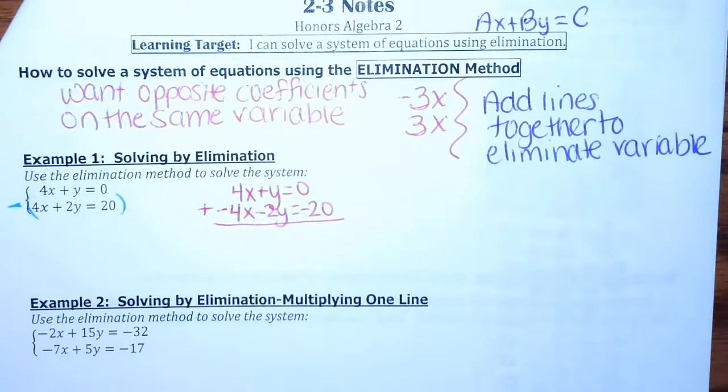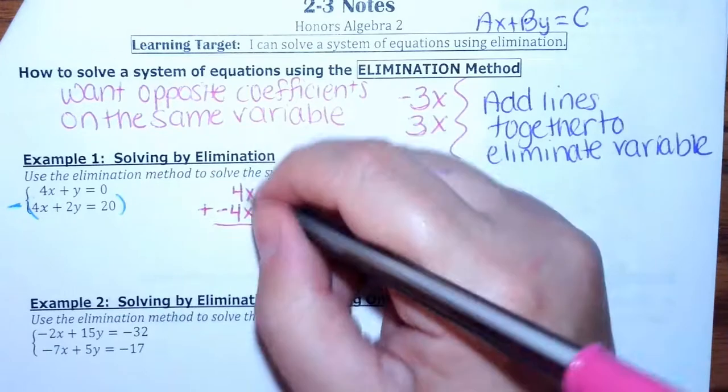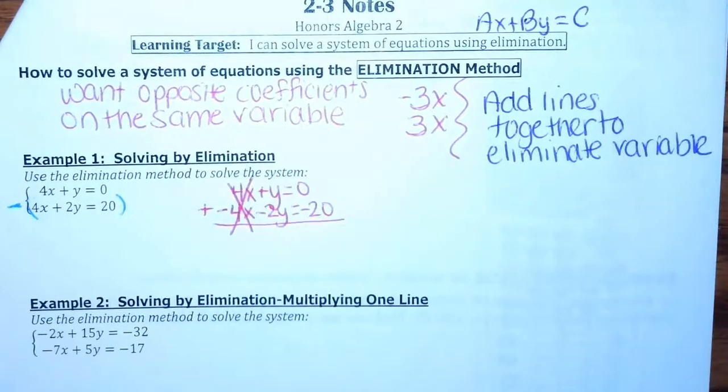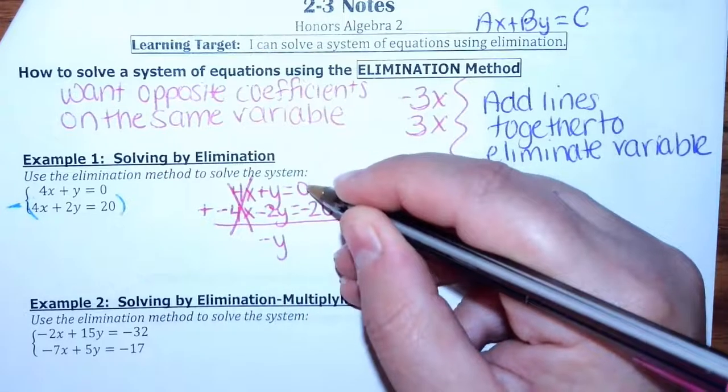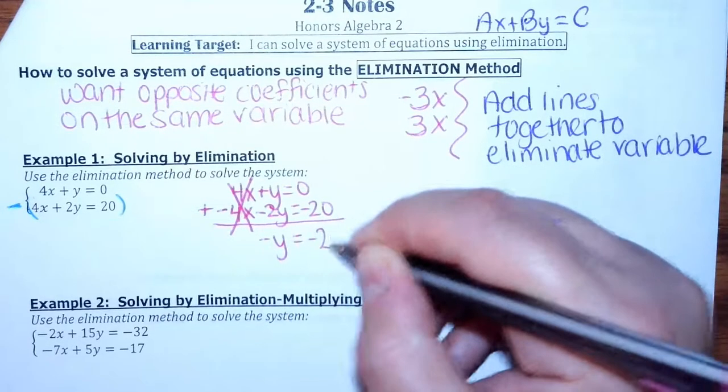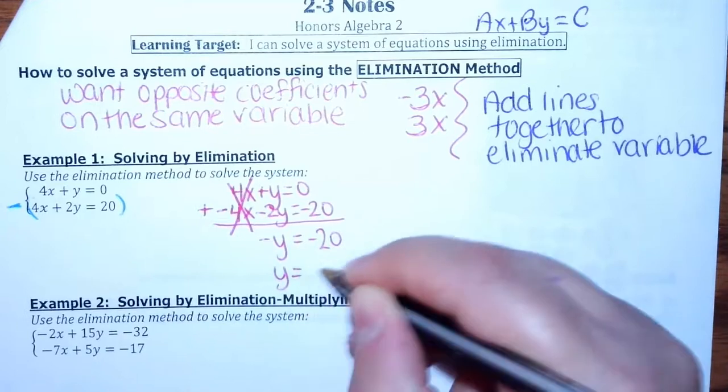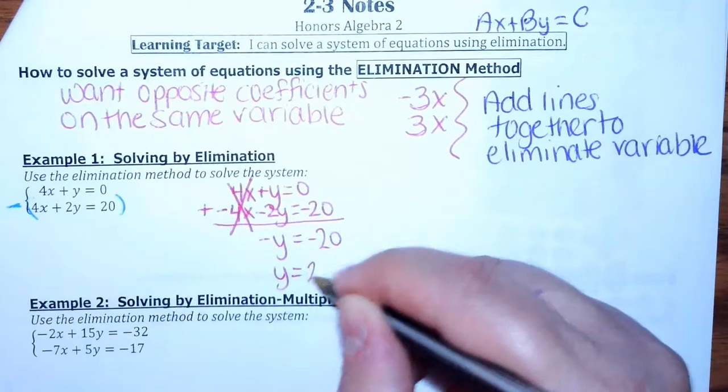Then when I add 4 and -4, that adds up to 0, which eliminates that. 1y minus 2y is -y, 0 plus -20 is -20, and the two negatives cancel out, so y will be 20.